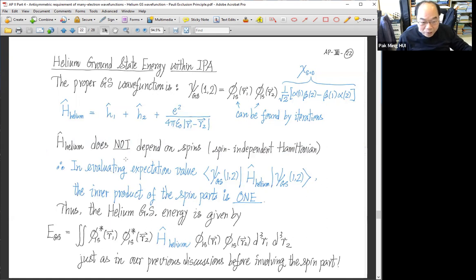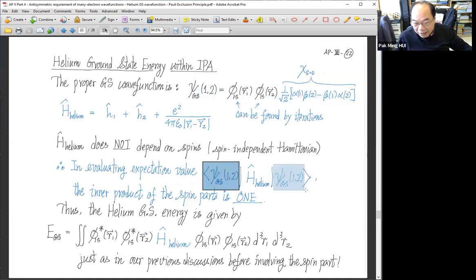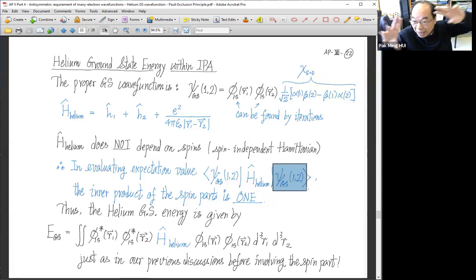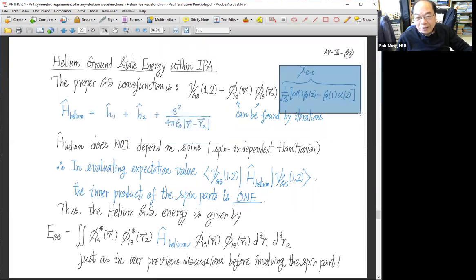So when we do the expectation value, formally, we need to use the full wave function on the left-hand side, star on the right-hand side, integrate over everything. When we see a spin part, we can multiply the spin part, the inner product, so-called. However, because this is spin independent, when we do the expectation value, this will take an inner product with itself.